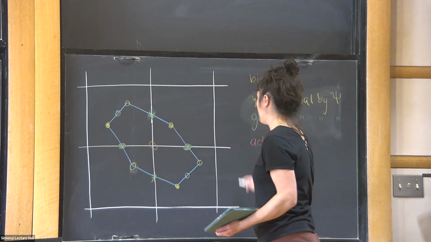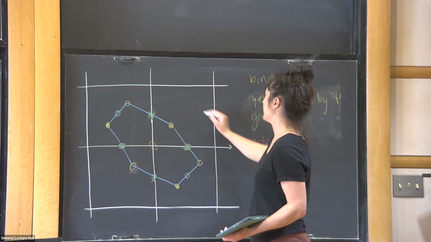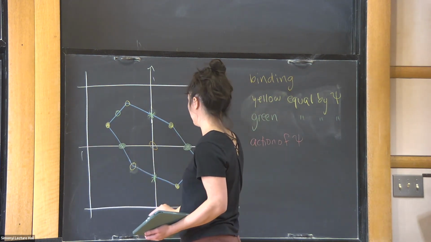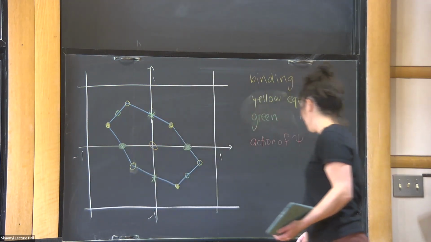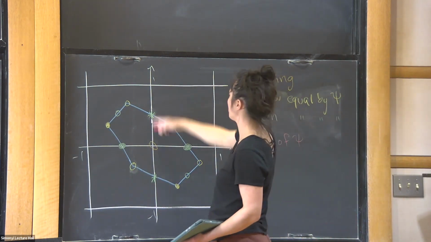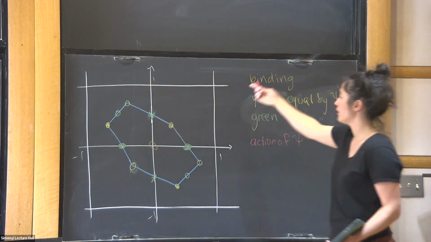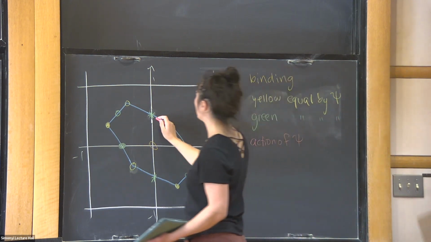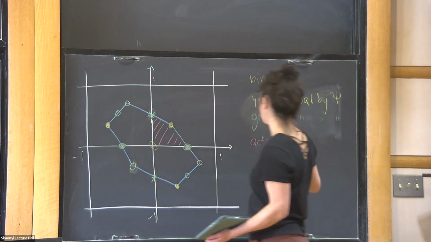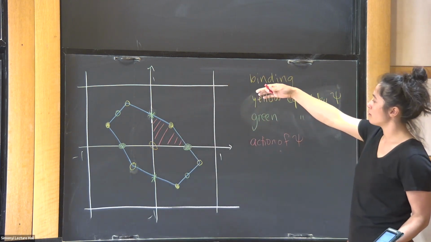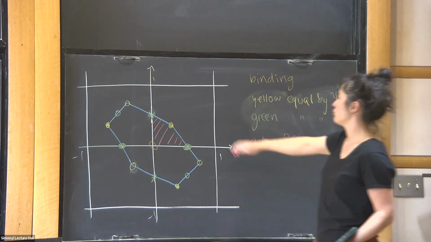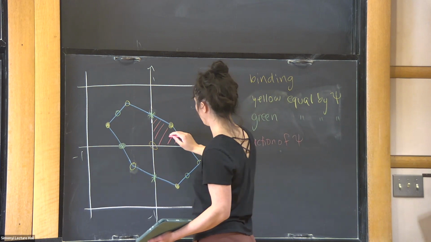This is the x-axis, this is the y-axis, this is 1, 1, negative 1, negative 1. So this is one fundamental domain for the torus in R2 mod Z2. Then what I've drawn is a fundamental domain for the action of psi, and I've drawn the easiest way to think about it in R2, but you can actually draw the whole thing in here, so I'll do that because it's pretty simple.